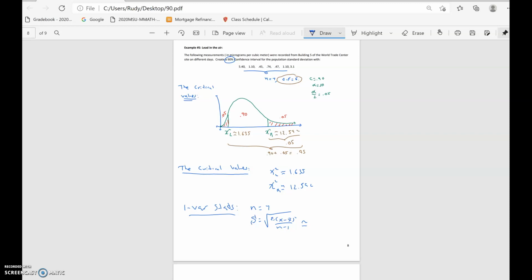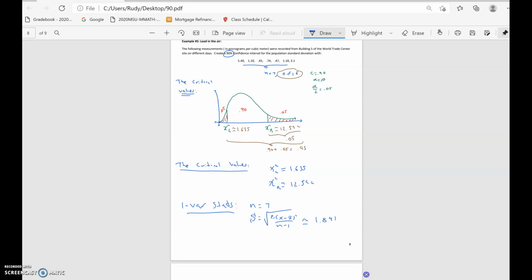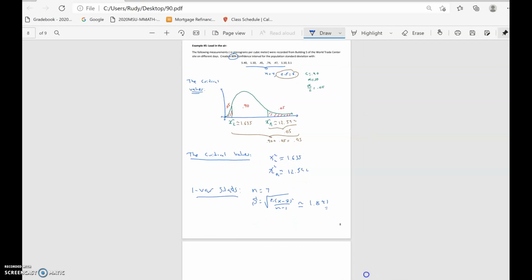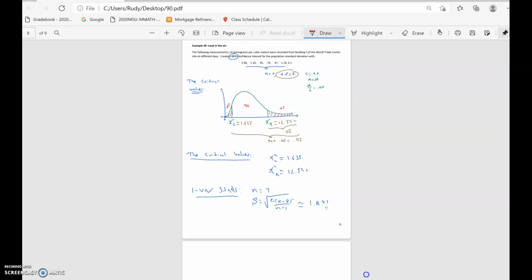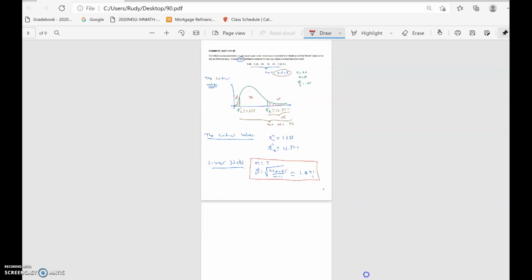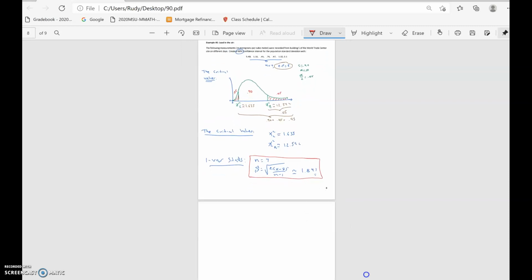And this is giving us 1.841. I'm just going to keep it to a total of 3 decimal places. So this is what we're going to be using in the calculation, along with the critical values.